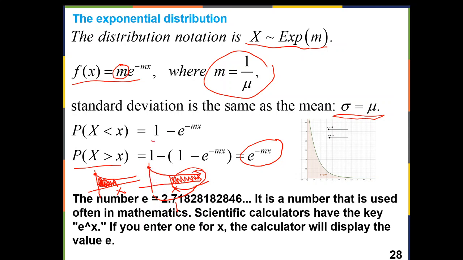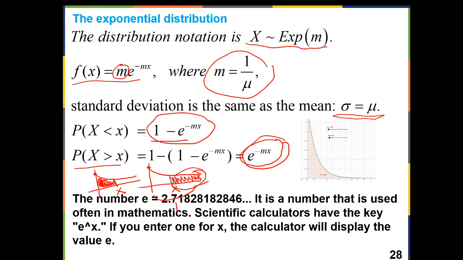So that's 1 minus e to negative mx. That's it. So you can learn this first and then use it to get that one, or you can learn this first and then use it to get this one, the same thing. So for greater than x, the formula is that. For less than x, the formula is that.